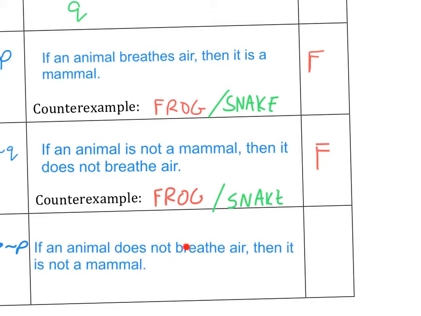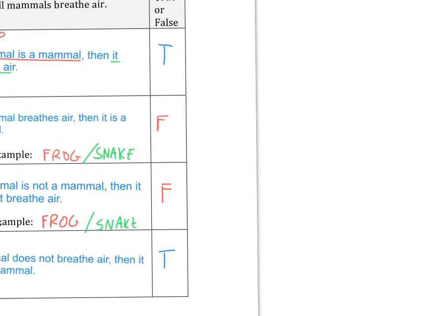If an animal does not breathe air, like here, but I switched it, then it is not a mammal. Again, mammal and air, switch here. Or I inserted a not up in this situation. And notice here, if an animal does not breathe air, then it's not a mammal. That's true. So notice what we have here. We've got some connections. The trues here are both true.